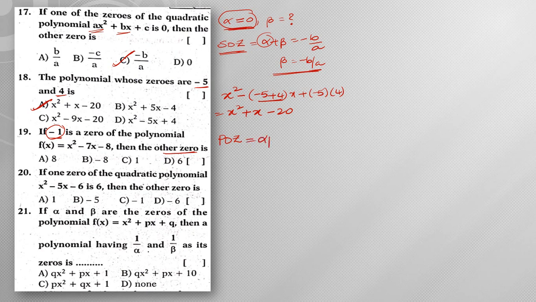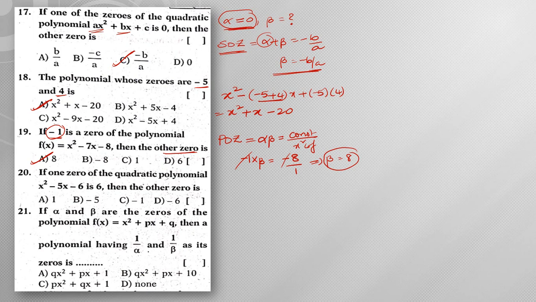So product of zeros is nothing but alpha into beta, which is nothing but constant term by x square coefficient. Now from this, we know alpha is minus 1, so minus 1 into beta is equal to, what is the constant here? So the constant is minus 8 by 1. So this minus 1 and minus get cancelled. So beta is equal to 8. Okay, so the answer is 8.